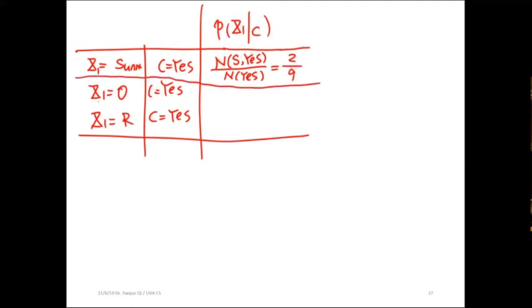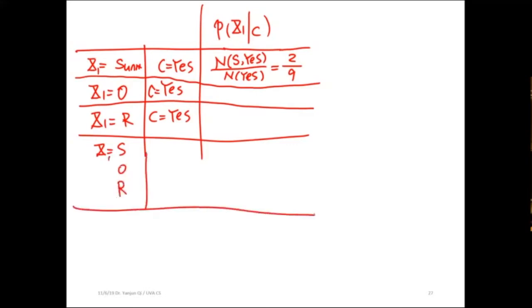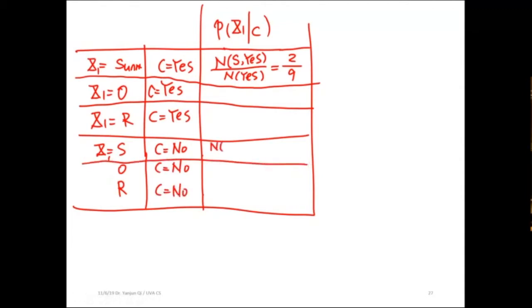And then you just do the same for O and yes, and R and yes. And then you do the same thing, S, O, and R, for C equals no. And this time, it's just the number of counts, sunny and no, over the count of no. What is it?